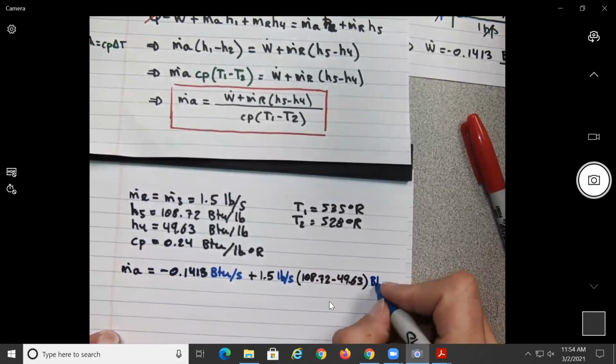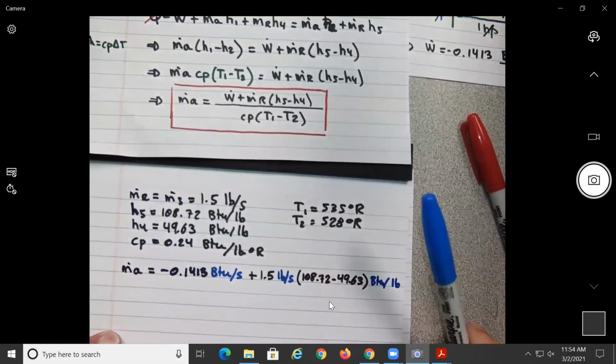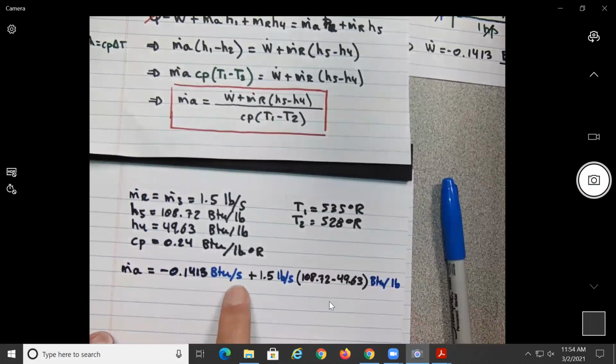Yeah, BTUs per pound, so everything makes sense. We end up with BTUs per second, which is what I wanted to check.